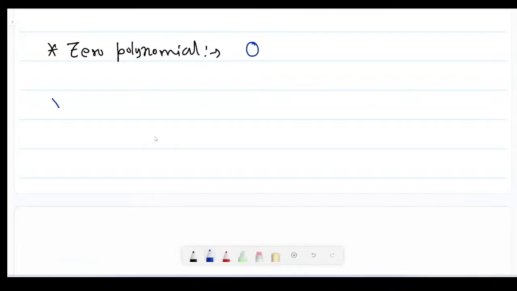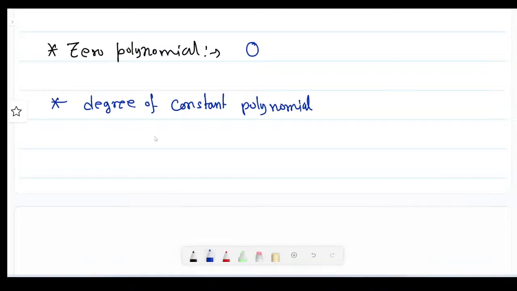Next, another topic is what is the degree of a constant polynomial? To determine the degree of a constant polynomial, we have to take a constant polynomial. So let me take first an easy constant, that is 3. Yes, this is a constant.